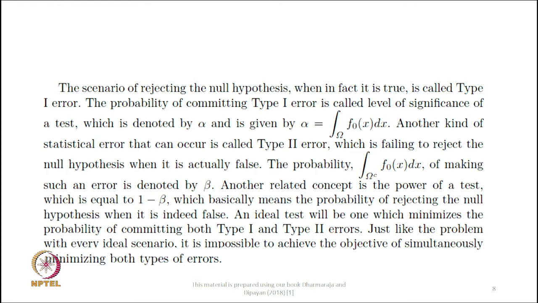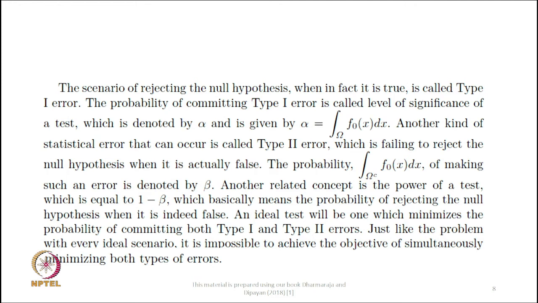Therefore, you have two types of error. One is called the type 1 error, that we denote by alpha, and the second is called the type 2 error. So, alpha is the integration of f naught of x over omega, and beta is the integration of f naught over the omega complement. It is very difficult to minimize both the errors, that is obvious also.